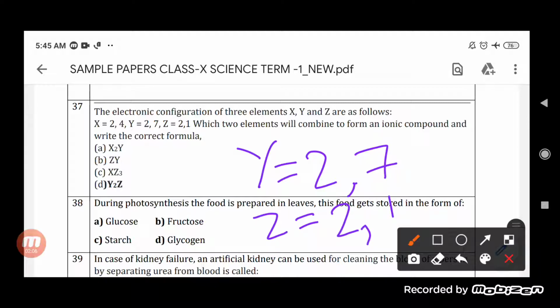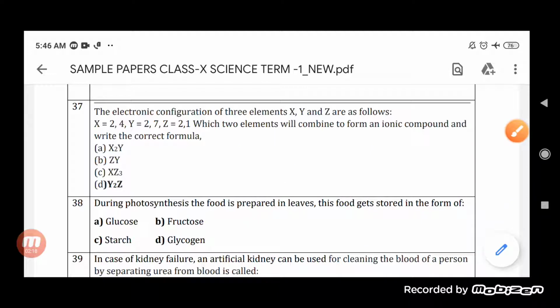So obviously when Z loses the electron it will become Z positive, and this electron will be transferred to Y, and Y will become Y negative. Obviously the ionic compound that will be formed is ZY. So the answer will be ZY.